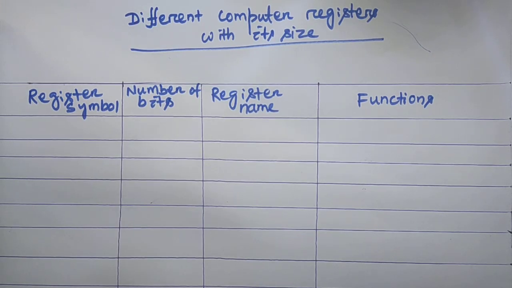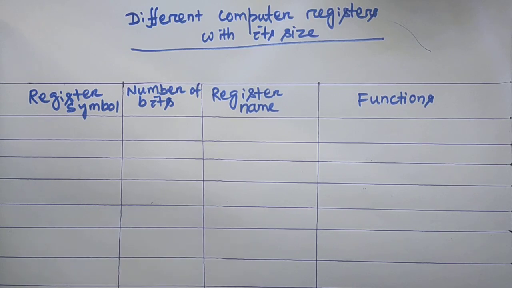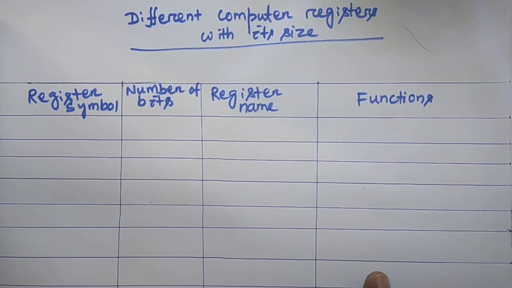In some cases we can consider which register holds what kind of information or data. Like the data register holds the operand read from memory, that means it reads the data or operand.